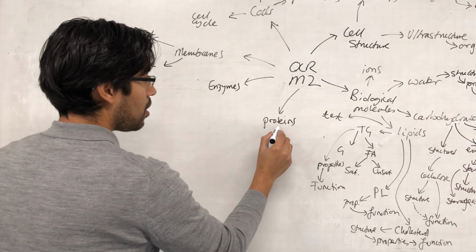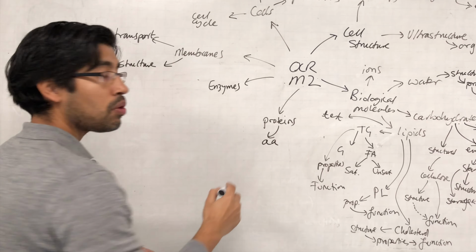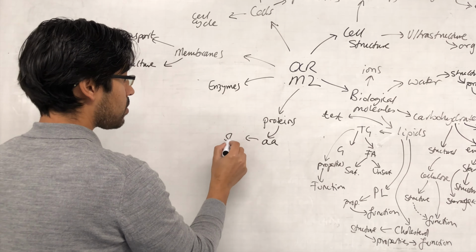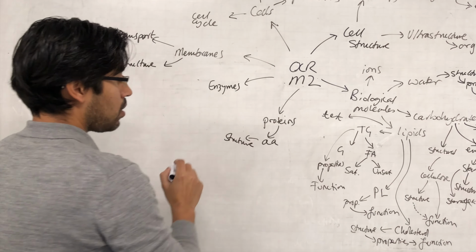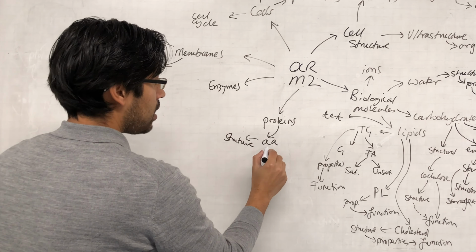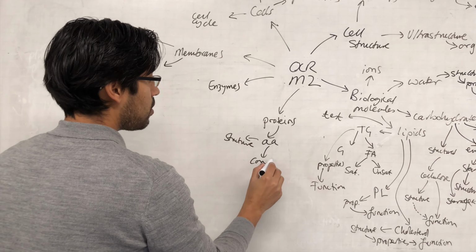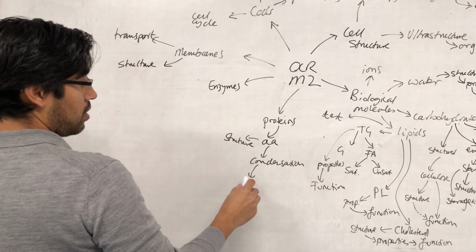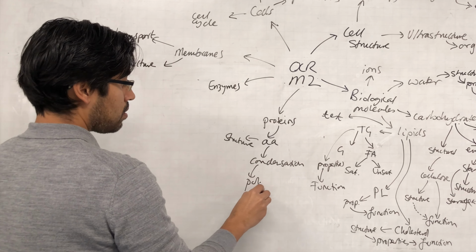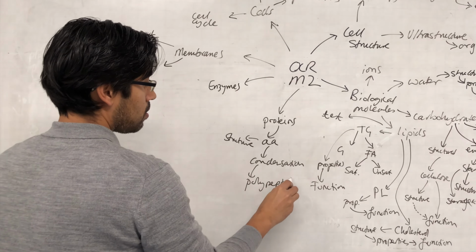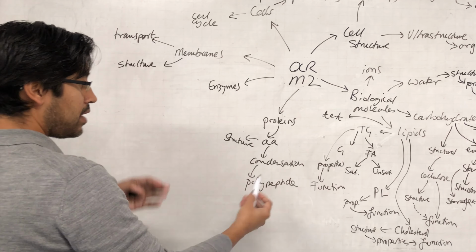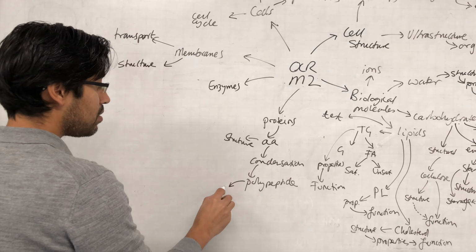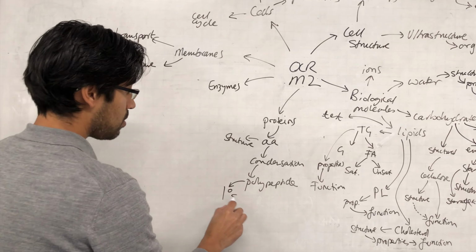With proteins, we begin talking about amino acids, what their general structure is, and properties, but then how the amino acids undergo condensation, producing for us the polypeptide, and understanding how the polypeptide is related to the primary structure.